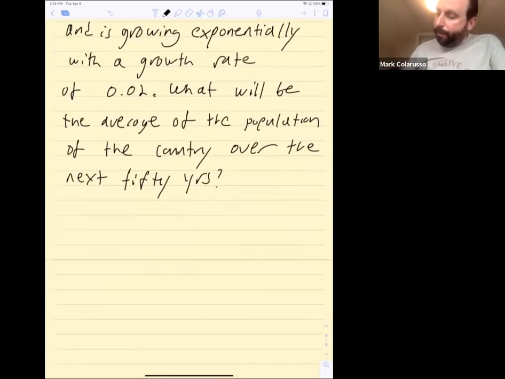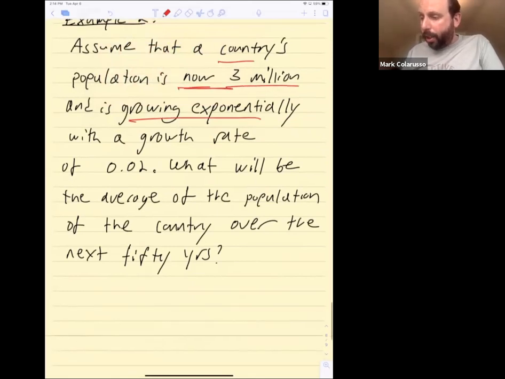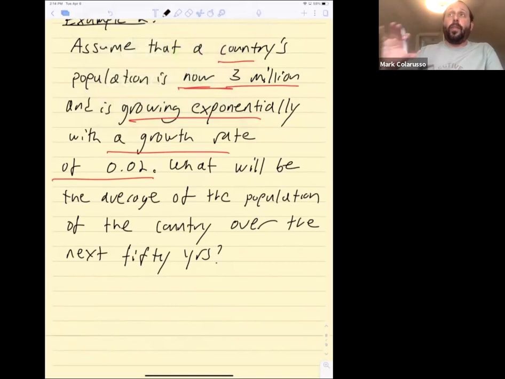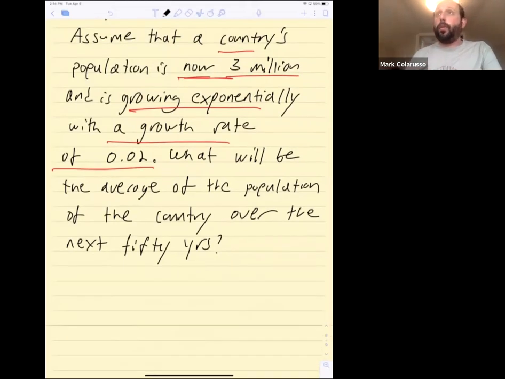Right, okay, so first of all, we're not given the function here, right? So we've got to remember how to translate this English into math. The country's population starts out at 3 million and is growing exponentially with a growth rate of 0.02. So we have to put this information into a function by remembering our knowledge of exponential growth.